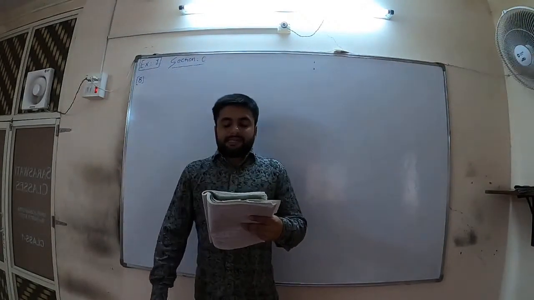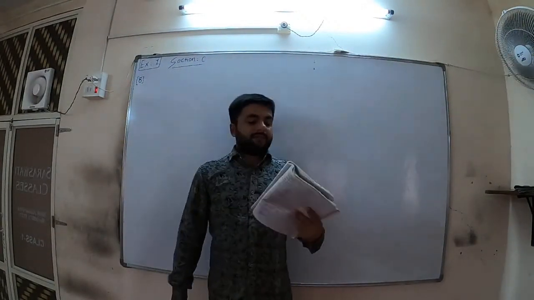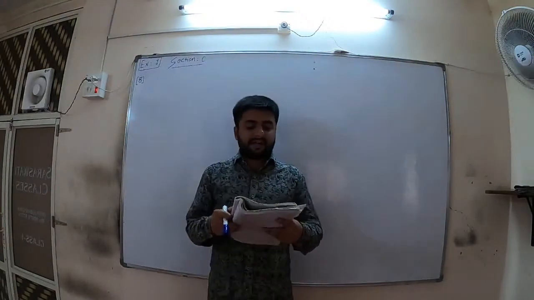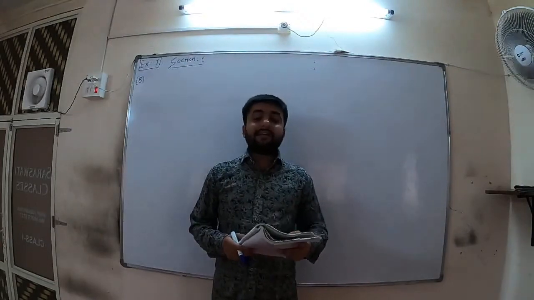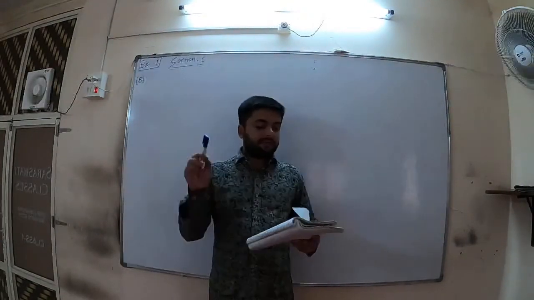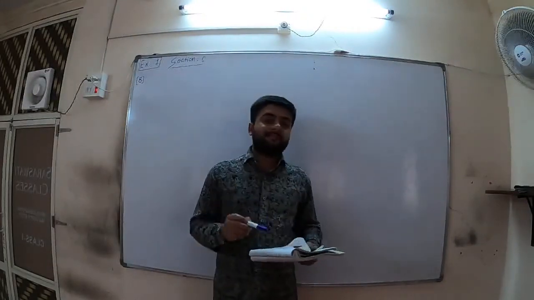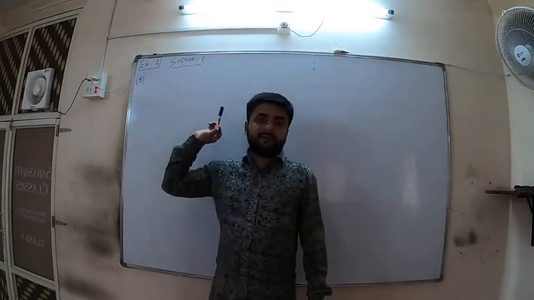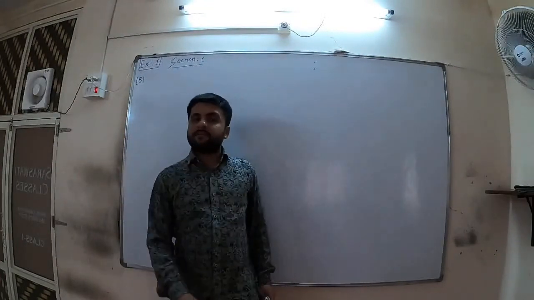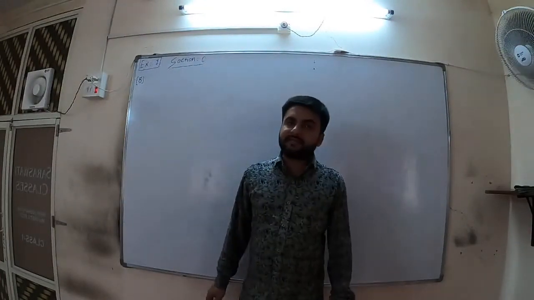The cost of living index number and the monthly wage from the year 2010 to 2013 are given as follows. Find the real wage of each year. As I said, the columns of year, wage and cost of living index number are given. Three columns will be written, and what we need to calculate is the real wage. So one extra column for real wage, and everyone will leave one line for that.